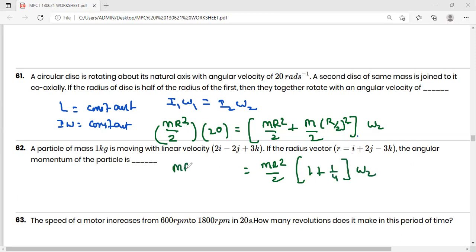So here mr square by 2 into 20. Now mr square by 2 and mr square by 2 will get cancelled. 20 equal to 5 by 4 omega 2. Omega 2 equal to 20 into 4 by 5. And this will be how much then? 16 radian per second.